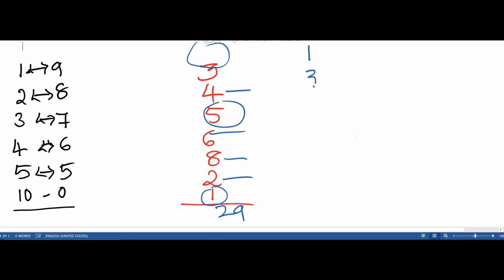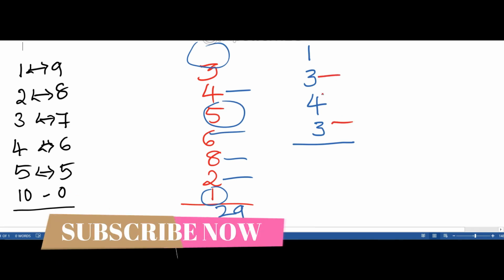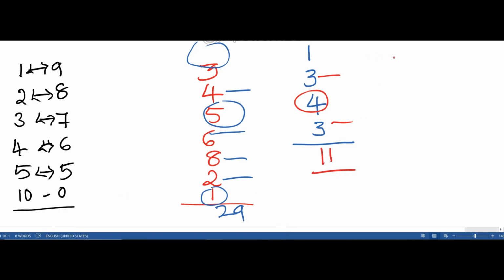1, 3, 4, 3. See, we have to look for a combination of 2 numbers or 3 numbers which becomes 10. 3 and 3 is 6, 6's friend is 4, then 4, 1, 11. Like this we have to solve. Now one more problem: 6, 5, 3, 8, 7, 2.